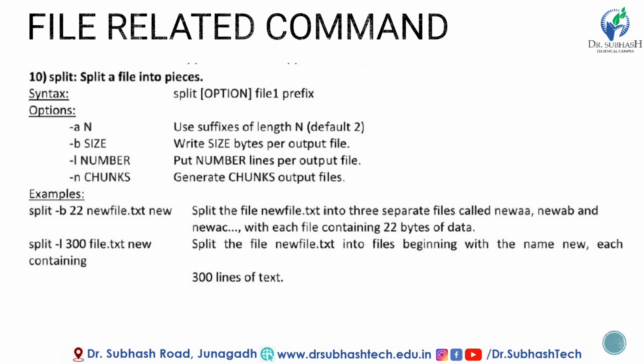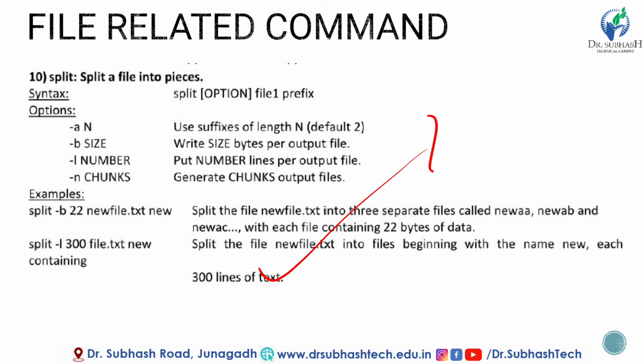So split the file newfile.txt into three separate files called newaa, newab and newac, with each file containing 22 bytes of data. સાઇઝ જે ડેશ બી કરીને સાઇઝ ઇન્ડિકેટ કરે છે બરાબર, તો આપણે કેટલી સાઇઝ આપી તો કે 22 બાઇટ્સ ઓફ ડેટા. તો જે b લખેલું હોય તો એ બાઇટ્સમાં ડેટા કાઉન્ટ કરશે. નાવ તમે l લખો છો તો એ લાઇન ઇન્ડિકેટ કરશે. So split the file newfile.txt into files beginning with the name new, each with 30 lines of text. Okay, so here l નો use કરેલ છે.